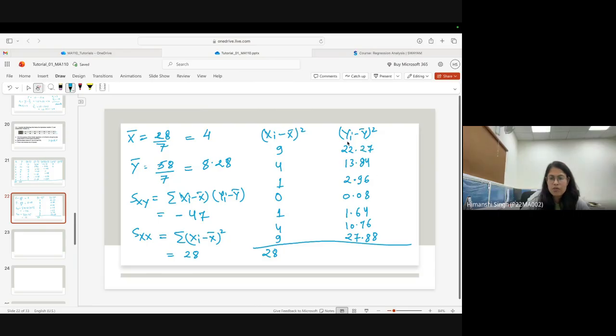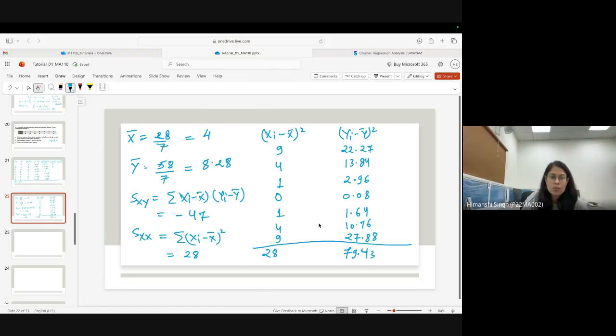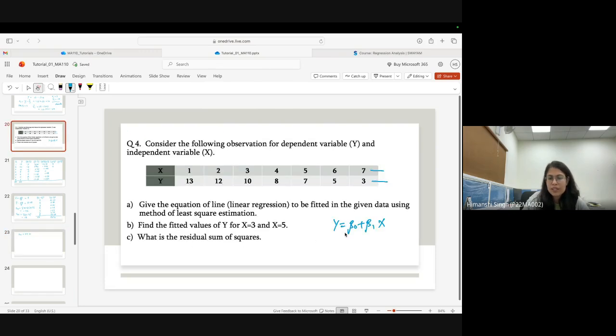And what will be the summation of yi minus y bar whole square? 79.4. Okay, so we basically got all the quantities. Let me write it: Syy is 79.4.